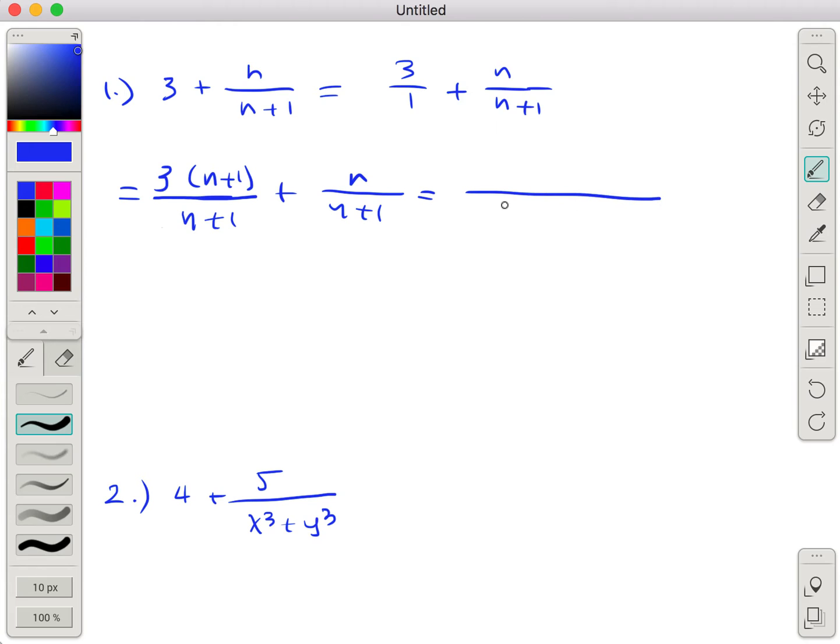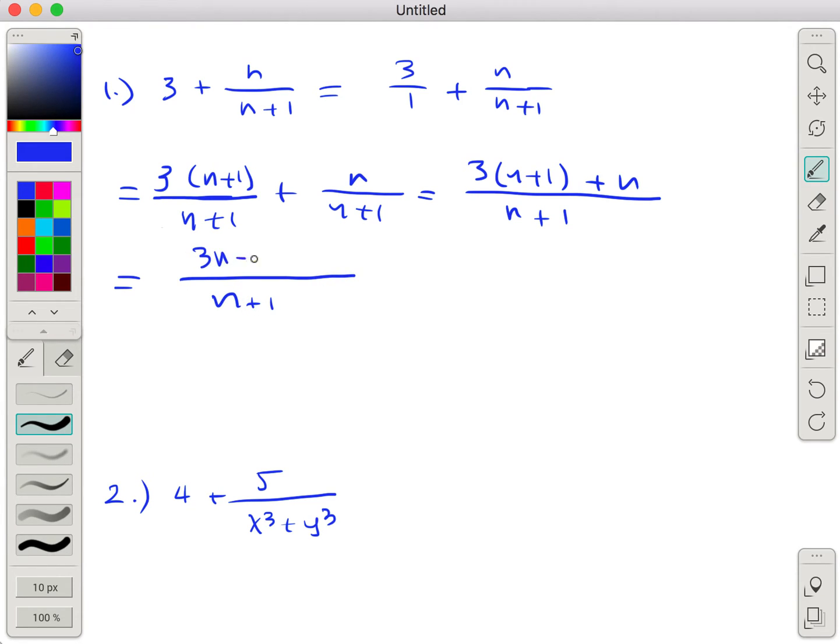Simplifying, we have, pag pareho na yung denominator, pwede na natin siyang gawing isang rational expression na lang. So, n plus 1, tapos, we copy this, 3 times quantity n plus 1 plus n. And after that, we simplify. 3 times quantity n plus 1 is 3n plus 3.